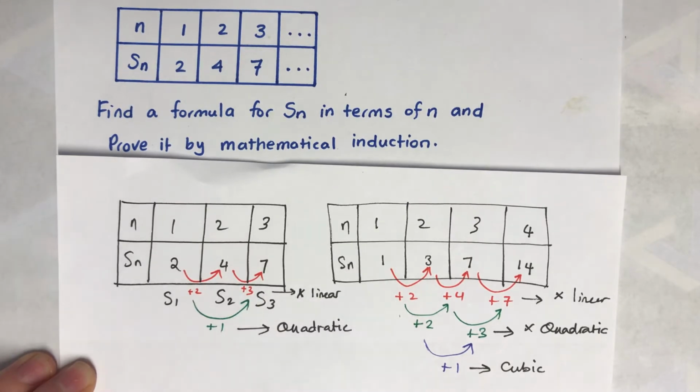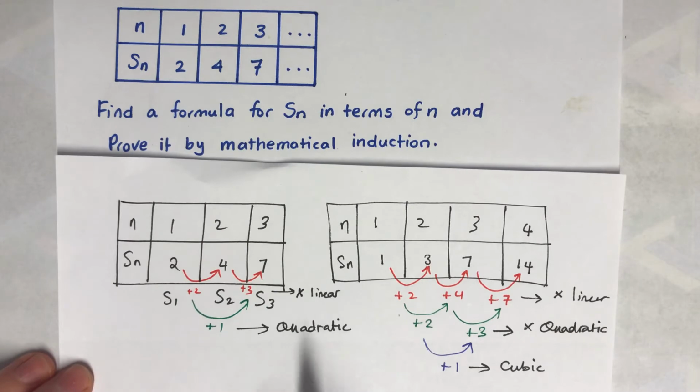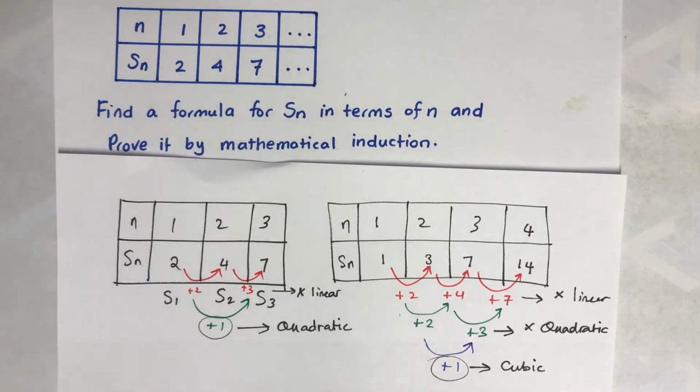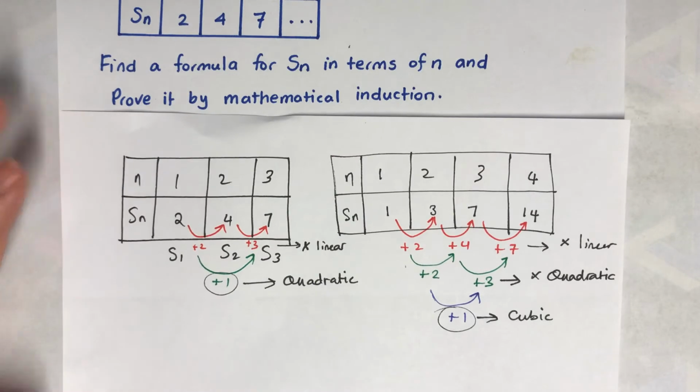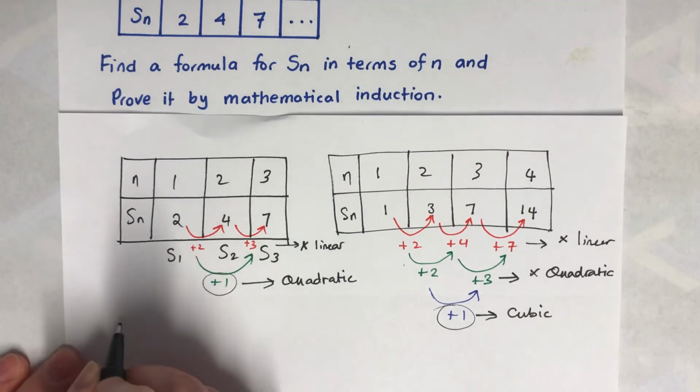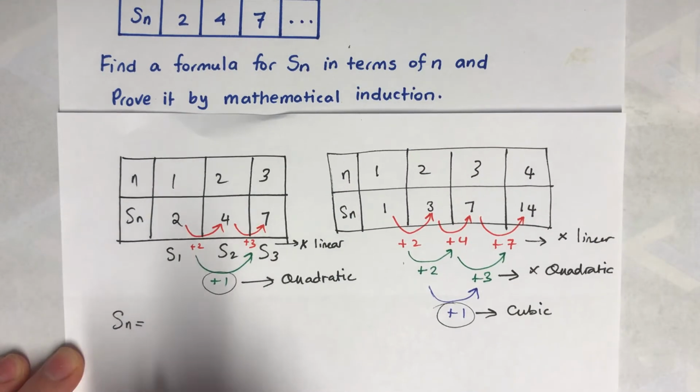Okay, so I can see the pattern. When you see it going up constantly, that's the actual equation you're going to stop at. So not linear, not quadratic, then it's cubic. If it's not linear, but the next one is constant, it's quadratic. So our formula will be a quadratic formula.